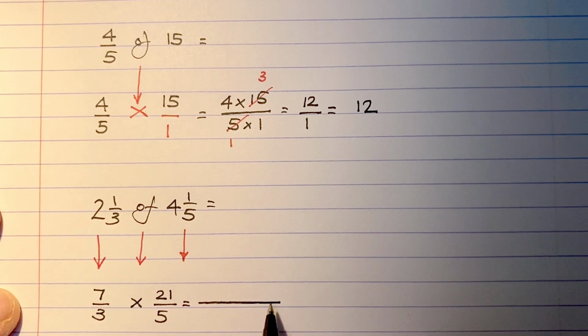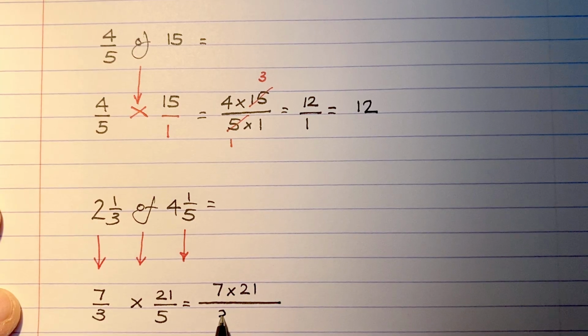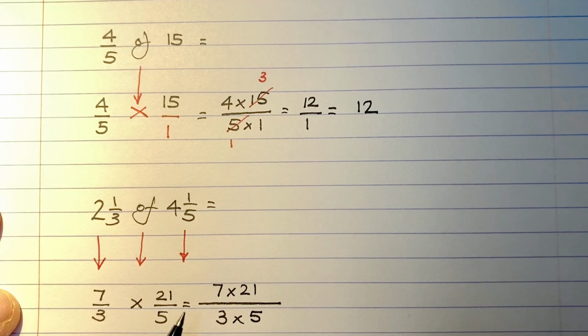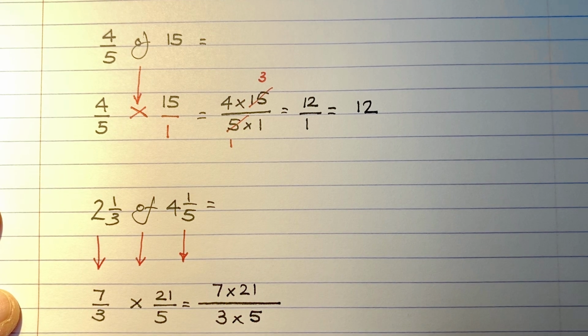So normal multiplication, 7 times 21, 3 times 5. 7 and 3 don't cancel, 7 and 5 don't, but 21 and 3 do cancel.